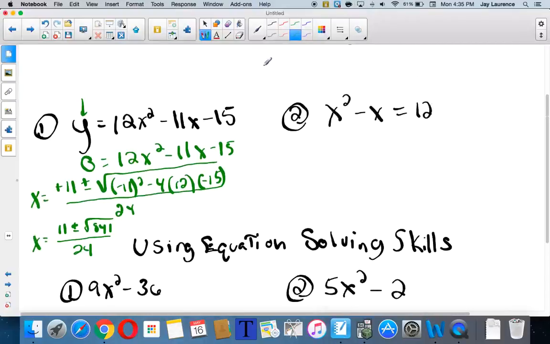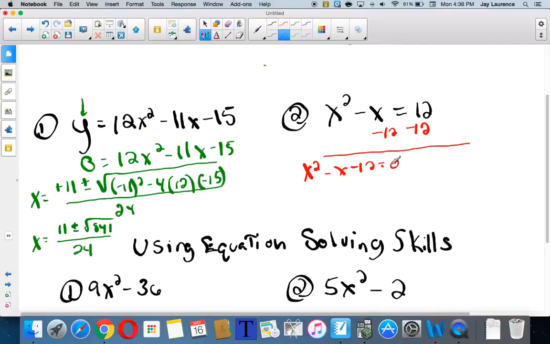So I am going to subtract 12 from each side. And when I do that, I get x squared minus x minus 12 equals 0.